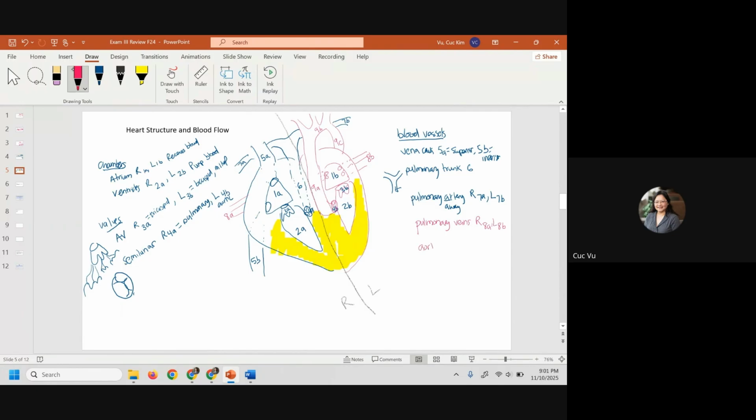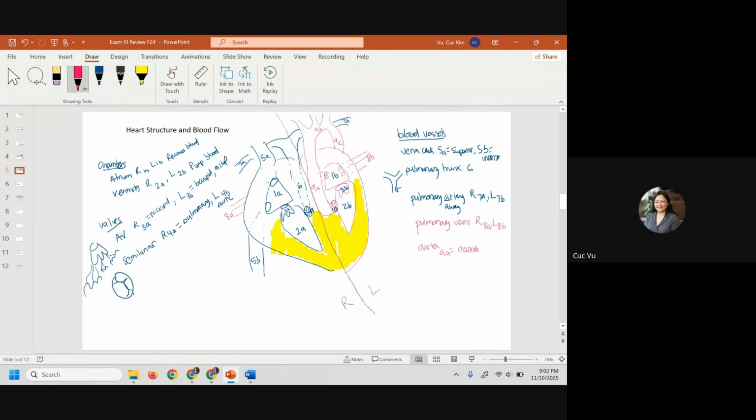Yes. So the aorta has 9A, which is what segment? It's moving up, so it's ascending. Yes.